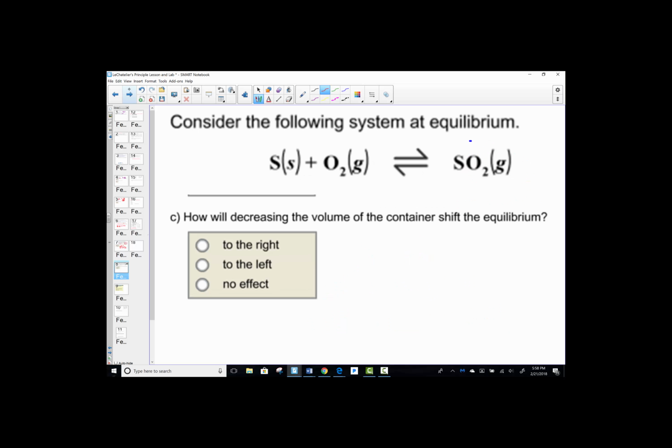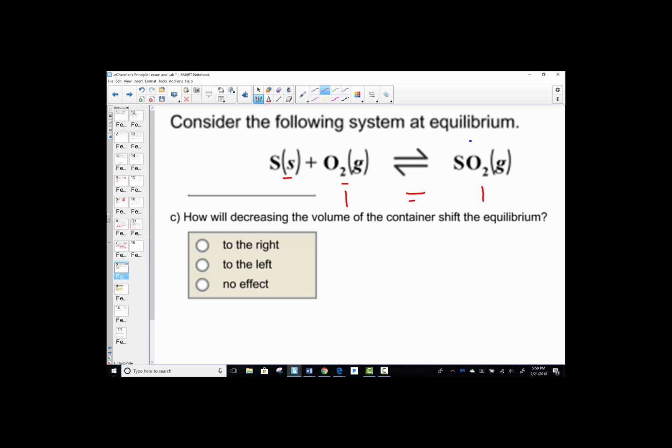Notice here we have a system at equilibrium where solid sulfur reacts with gaseous oxygen, producing sulfur dioxide. We understand that pure solids and pure liquids do not play a role in the expression of equilibrium. So on the left side of the arrow, there's one gaseous mole, and on the right side of the arrow, there's one gaseous mole.